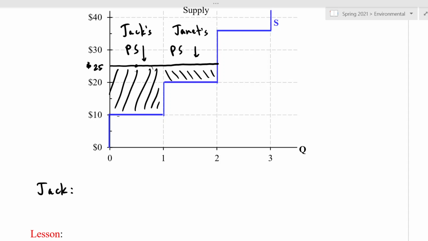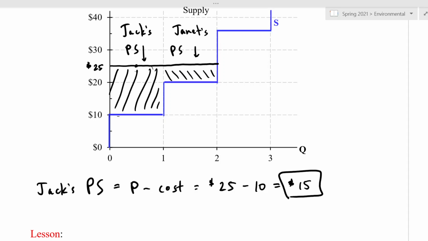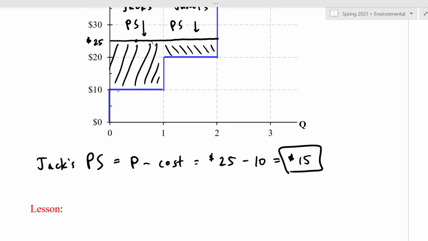Jack's producer surplus is equal to the price minus his cost, which is 25 minus 10, for a total of 15. Janet's producer surplus, price minus cost, is 25 minus her cost of 20.